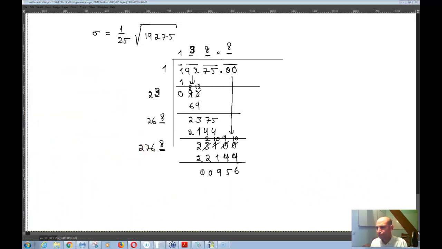So that's 138.8, for example. Oh, sorry, that's it. Let's bring down 2 more zeros, see what happens here. So that's 600.